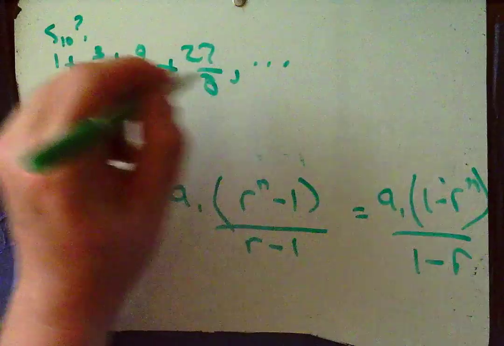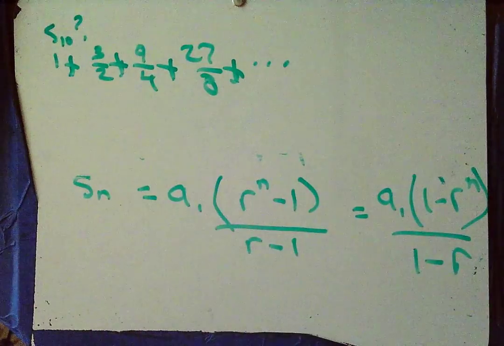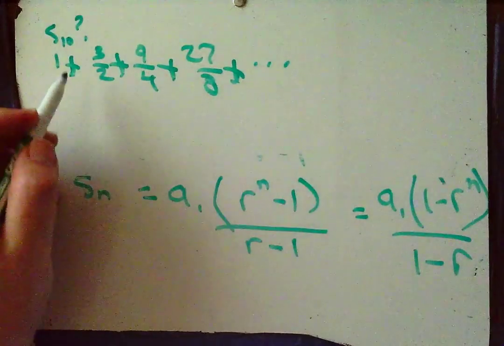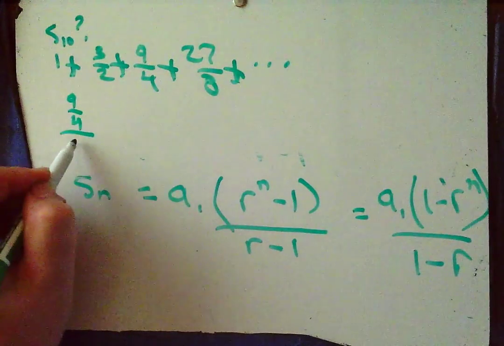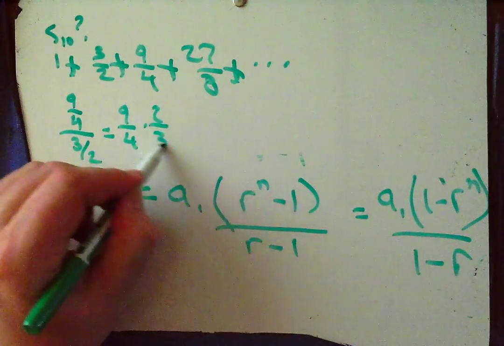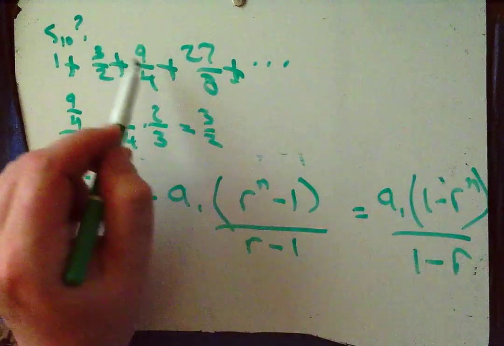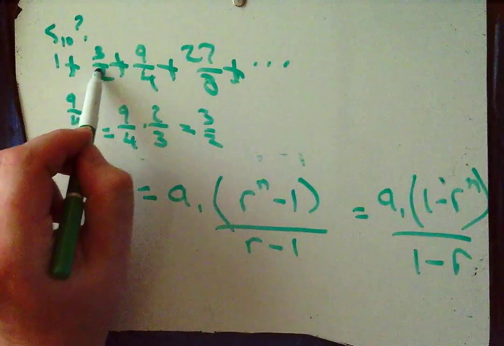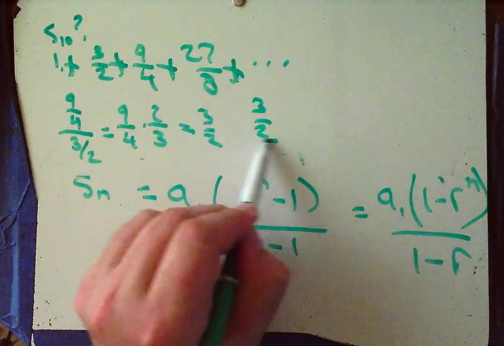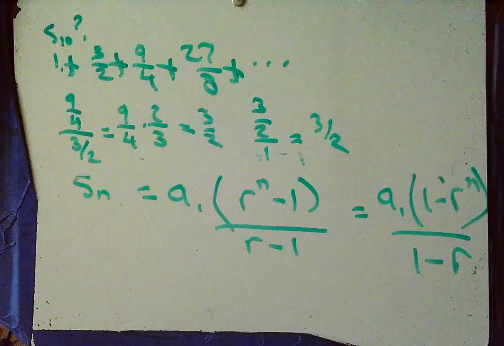We're looking for a sum of a geometric sequence. And I know it's a geometric sequence because I can always confirm the r value. 9 fourths divided by 3 halves is 9 fourths times 2 over 3, which is 3 halves. And if I do this one divided by this one, I get the same 3 halves. So I know that r is 3 halves.